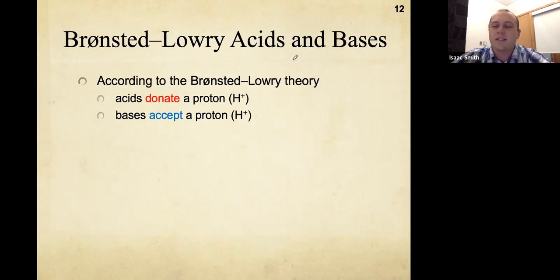So hydrogen atom is number 1 on the periodic table. It has 1 proton and 1 electron. Well, if you remove this electron, then you now have an H with a plus charge, and that is really just a proton. So you'll hear the term proton and H plus used interchangeably because they're the same thing.